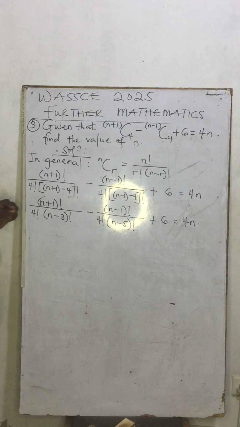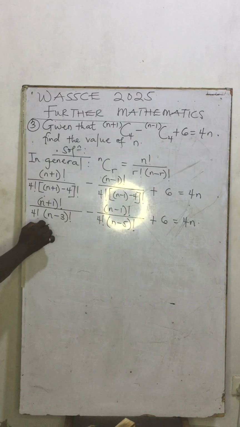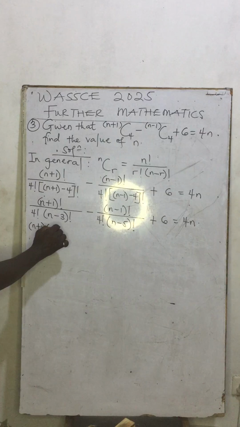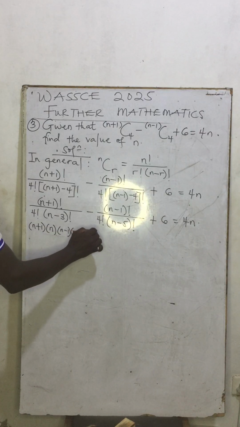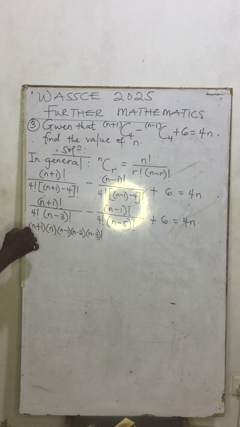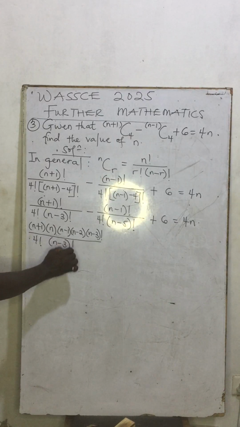Now, we can expand (n+1) factorial. So we keep this, so we expand to get (n+1)(n)(n-1)(n-2)(n-3) factorial all over 4 factorial times (n-3) factorial.